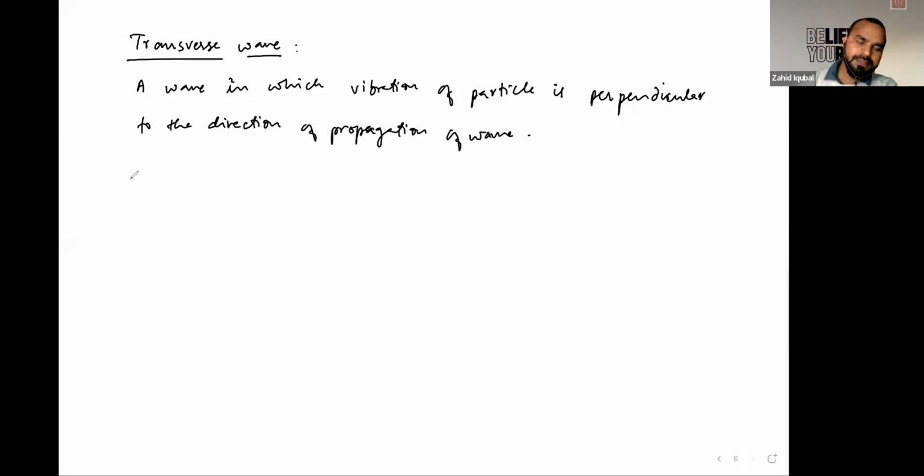Next, we have to calculate velocity of transverse wave on a string.